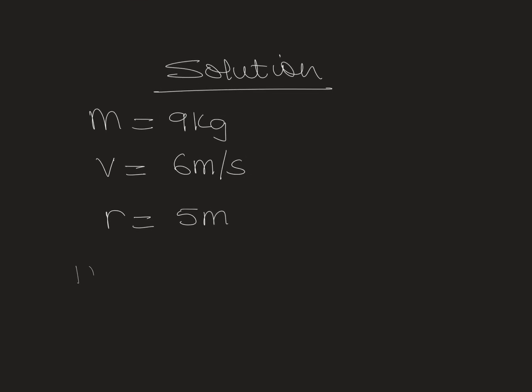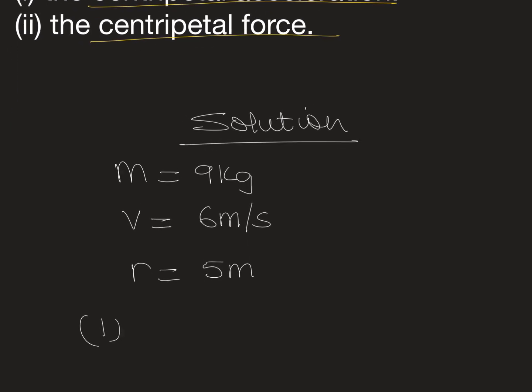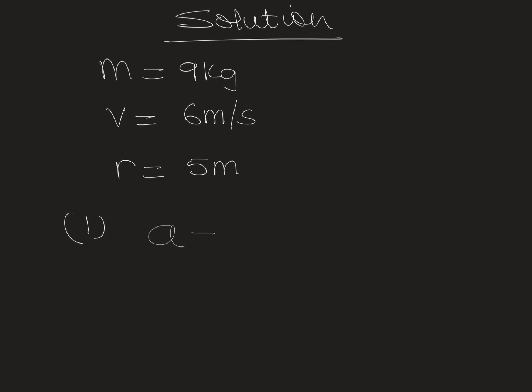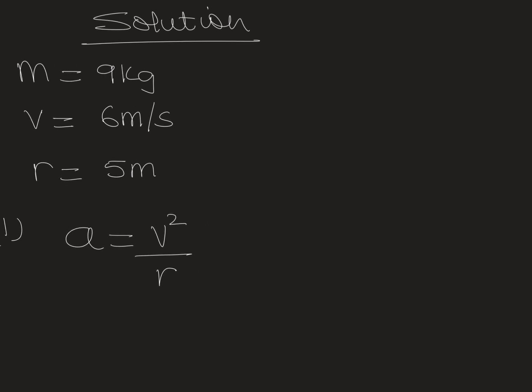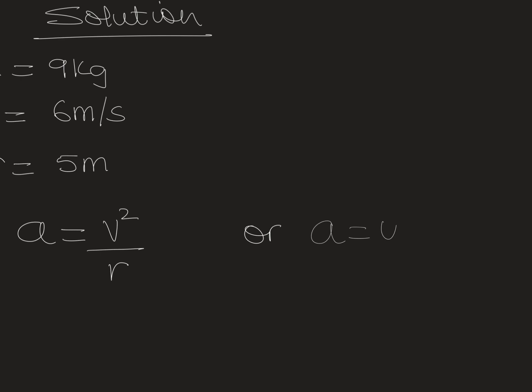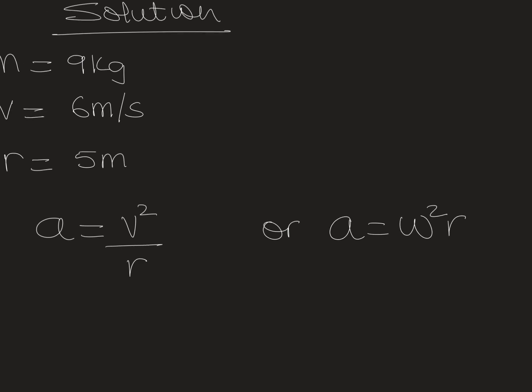To answer question 1, we want to find the centripetal acceleration. Acceleration is either v squared divided by r, or acceleration is equal to omega squared r.